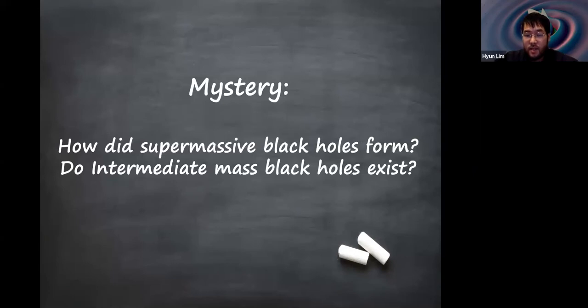That event detected a black hole of 150 solar masses. But we also want to know whether there are black holes of thousands or tens of thousands of solar masses. That's why this is a really interesting discovery. Now we are seeing black holes of hundreds of solar masses, which we could only imagine in theory.